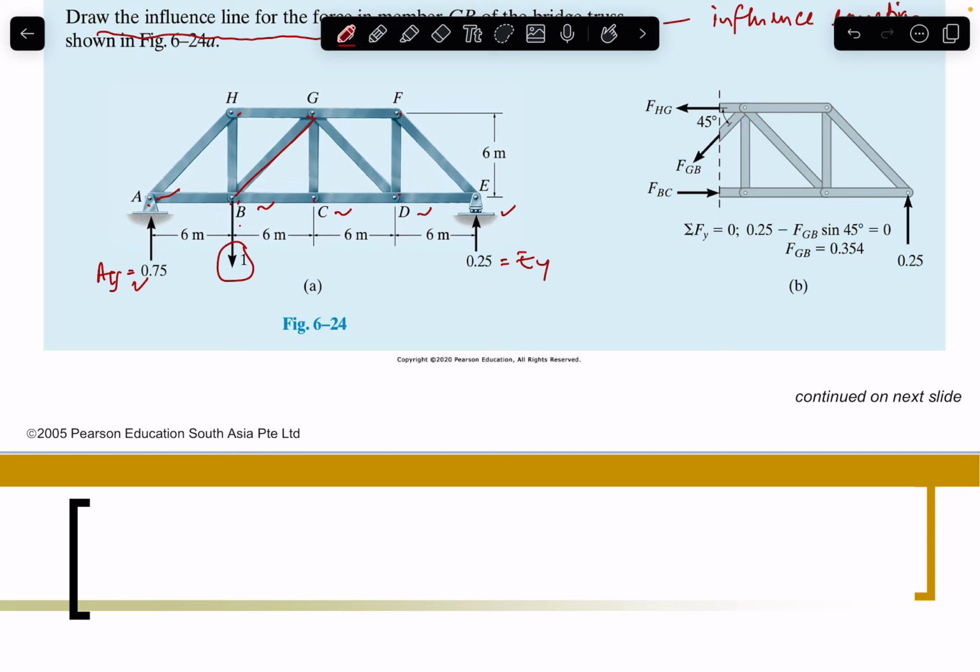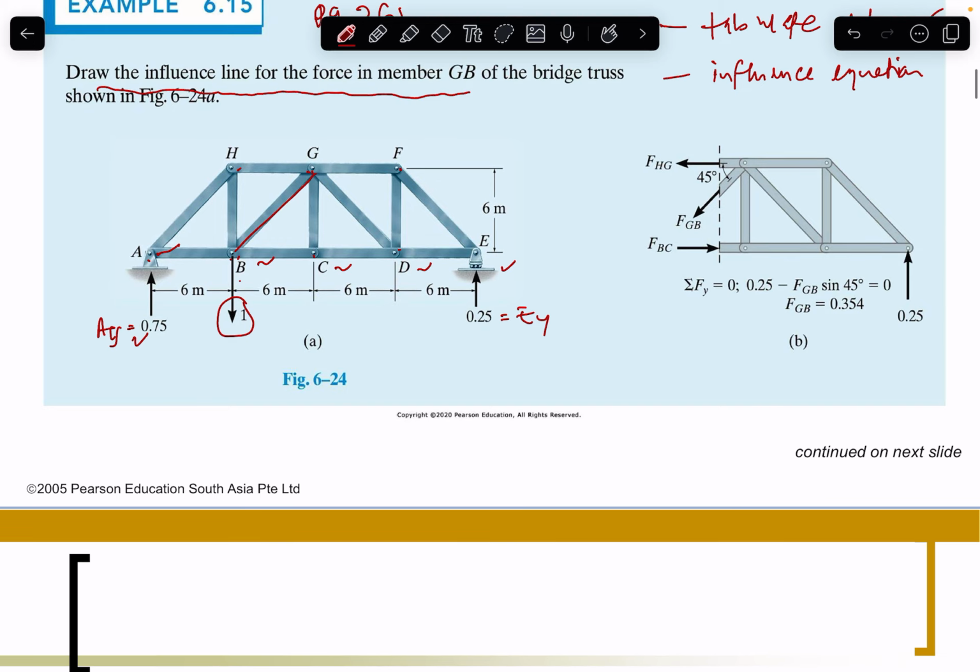Once you know that, you can cut the truss section, using the method of section. So you cut this and then you can find the value of force GB.